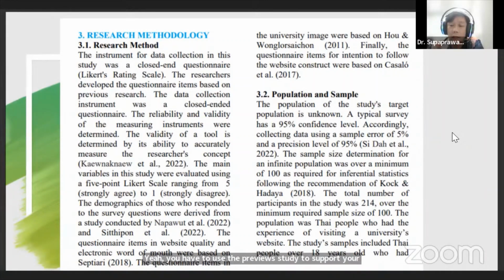And it's good if the researcher adopts a sample size over 200, because if you use statistics to analyze with SEM, or structural equation model, at least 200 is better, because some software does not accept a sample size lower than 200.